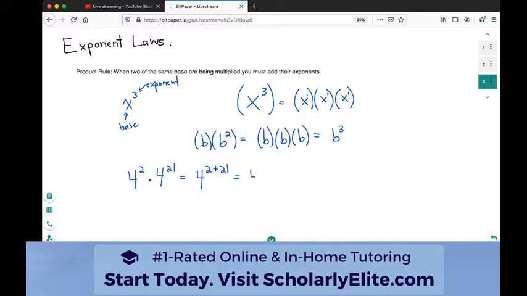And all that I need to write in my answer is 4 to the power of 23. And that's my answer. So this is the product rule, and I really need you guys to memorize this and practice this as much as you can. When two of the same base are being multiplied, you must add their exponents.